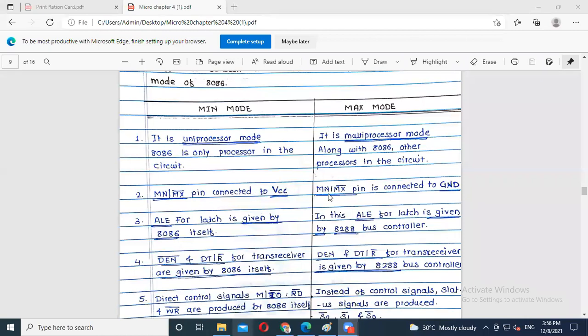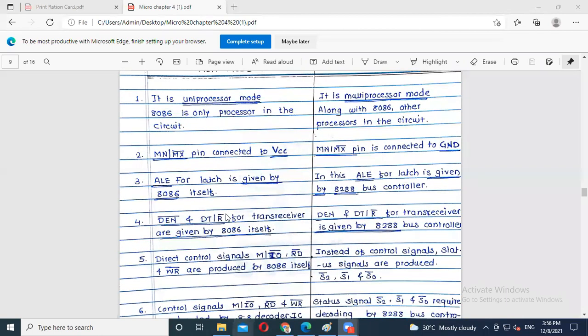Please, all of you, you have to note it down. So again, here the ALE for latch is given by the 8086 itself, and in the maximum mode the ALE for latch is given by the 8288 bus controller, because the 8288 is an extra, one more chip that is available, but that is not available in the minimum mode configuration.